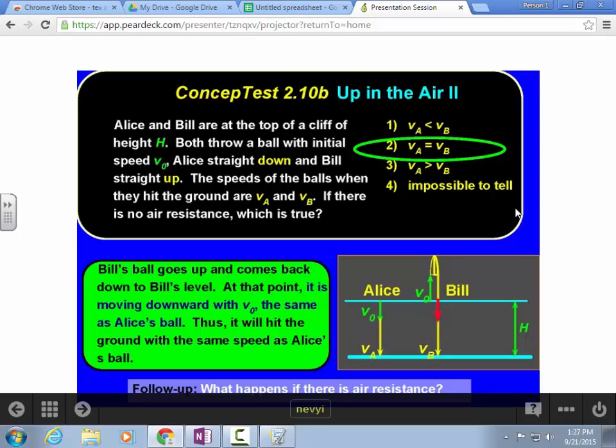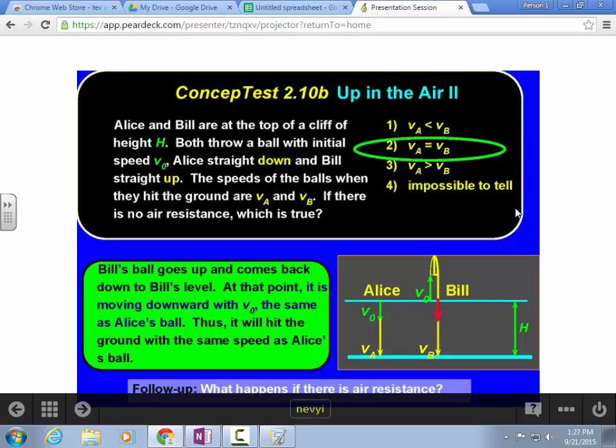This is kind of difficult to think about, but consider this. If there's air resistance, will it ever reach the same symmetrical speed on the way down? No. That speed, when it hits the zero displacement point, meaning the point where Alice threw hers down, is going to be less than the speed that Alice threw hers down.